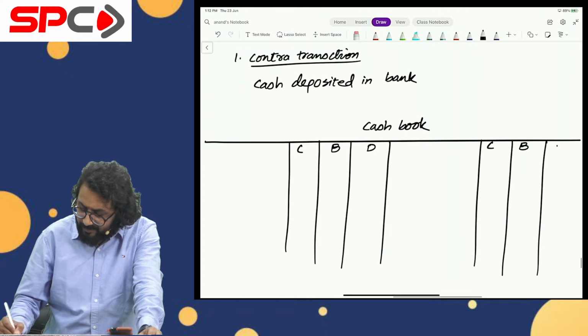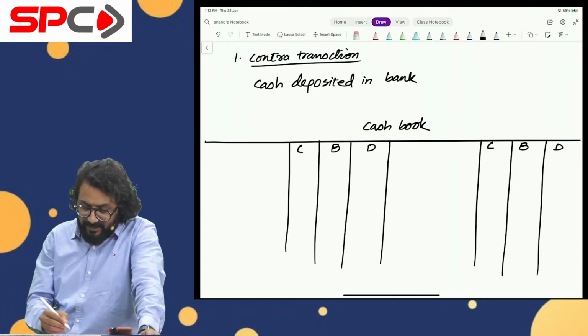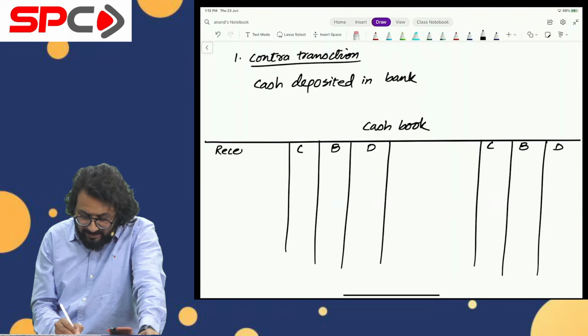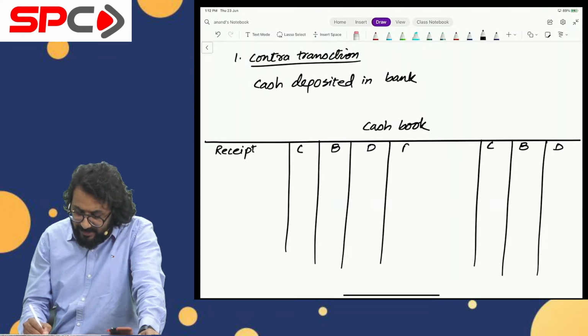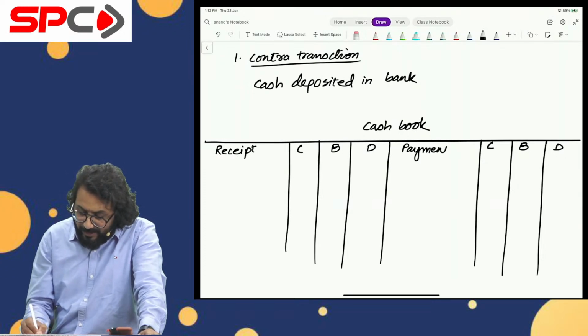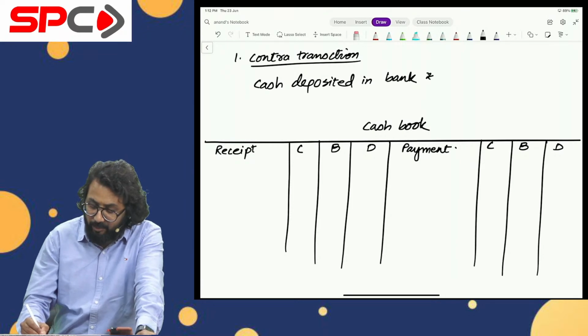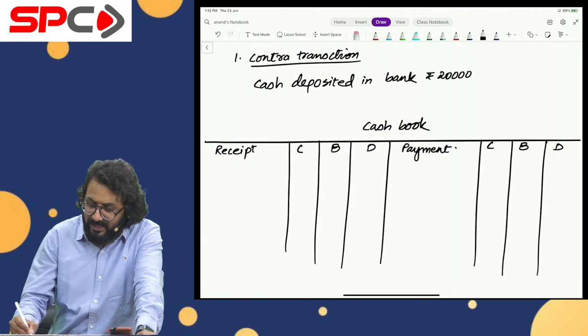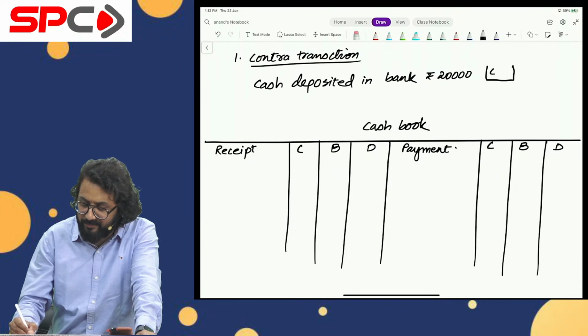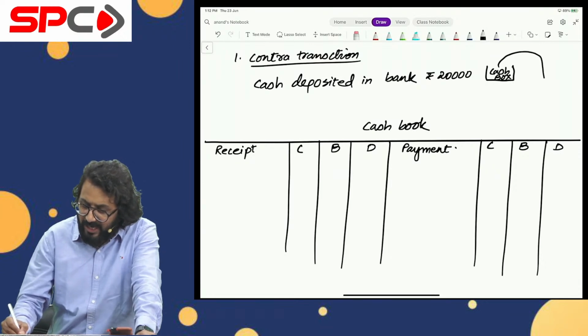Agreed? Please check. The debit side is the receipt side and the credit side is the payment side. So when I say cash deposited in bank, rupees 20,000, please understand that I have a cash box. From the cash box, I have deposited the money in the bank.